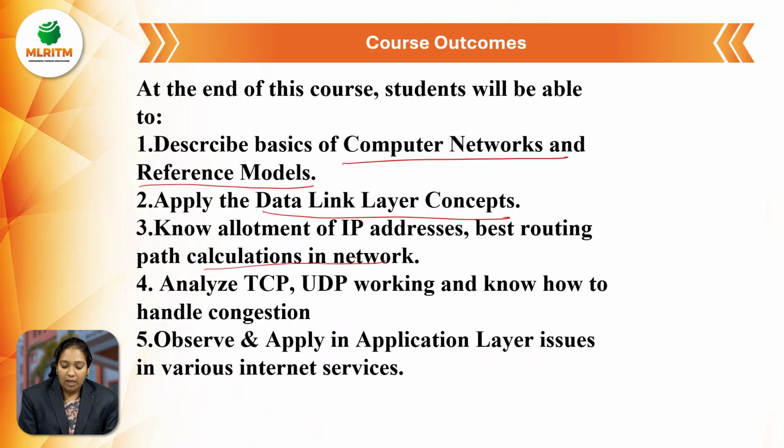Fourth one, analyze TCP and UDP working and know how to handle congestion. Fifth one, observe and apply application layer issues in various internet services. These five are the main course outcomes of computer networks.